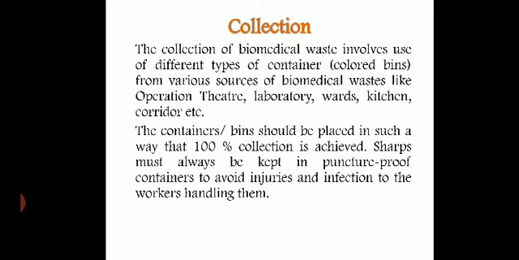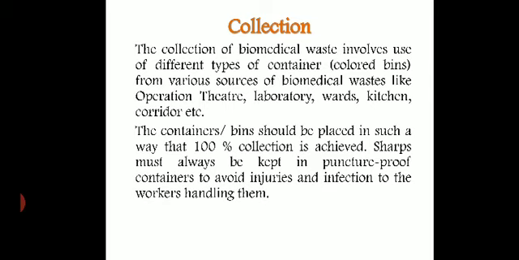Then we'll see how the collection of biomedical waste is done. The collection of biomedical waste involves the use of different types of containers, that is colored bins, which we just discussed: yellow, red, blue or white, and the black color. So you can use all these color codings.